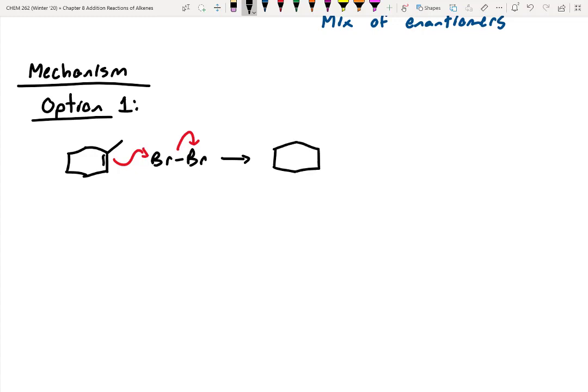And if that's the case, kind of like with the previous one, we'd want our positive charge to be on the more substituted carbon, right? Which means the bromine must have been installed kind of down here. So a lot of students look at this and they say, well, this must be a lot like halogenation, where we want to get our more stable carbocation. The other tricky thing is we have a stereocenter here.